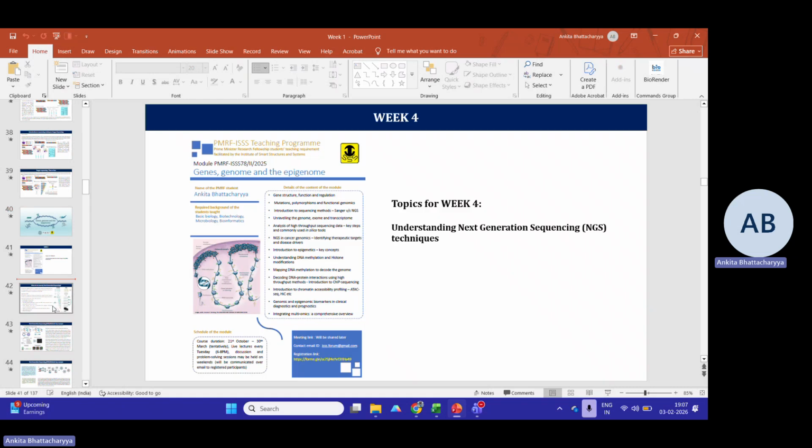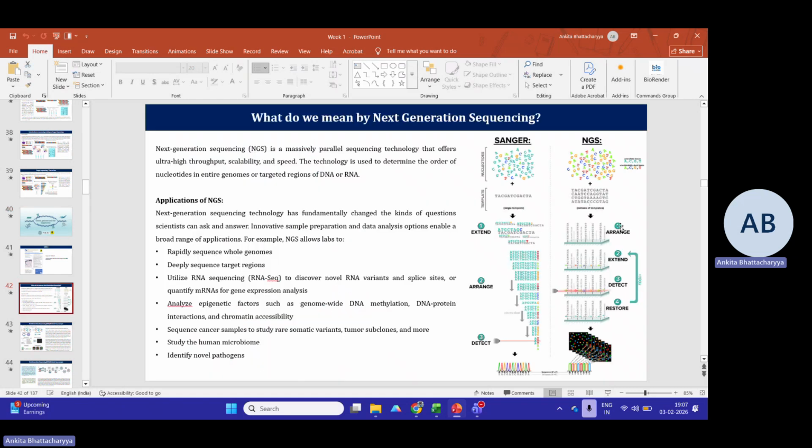If you remember, we had first started off with a clear distinction between NGS and Sanger sequencing method, just for some foundational difference and to brush up our basics regarding the same.